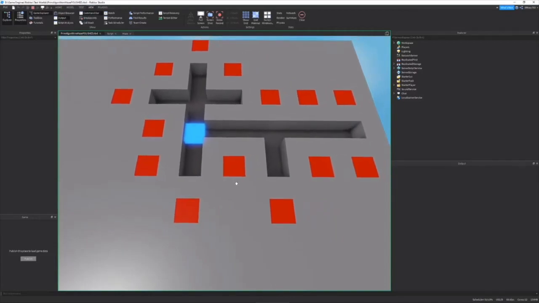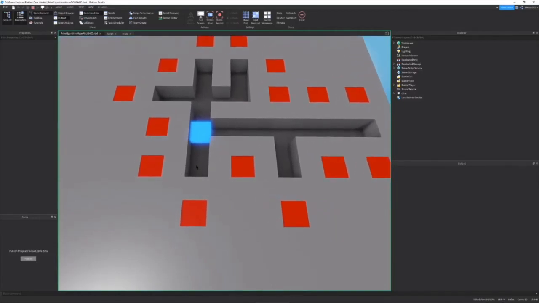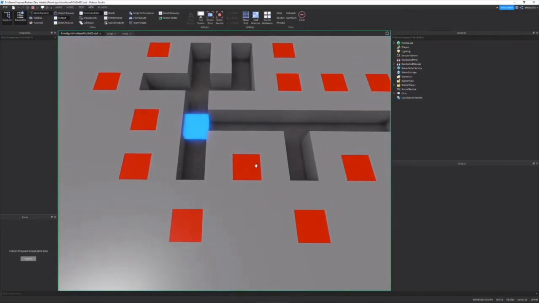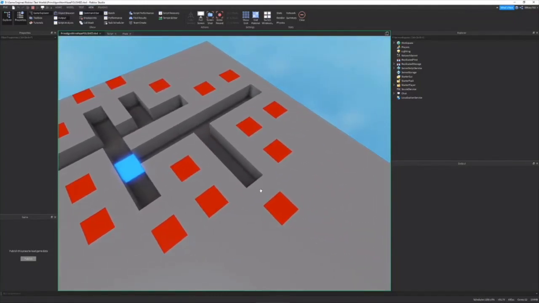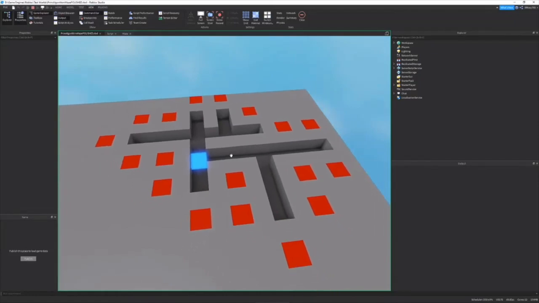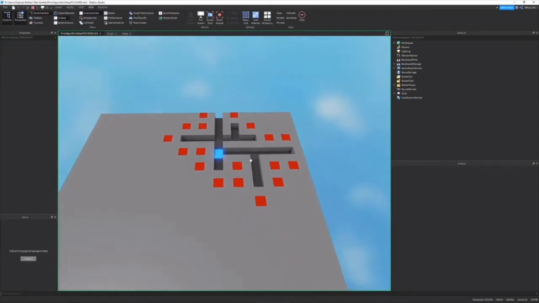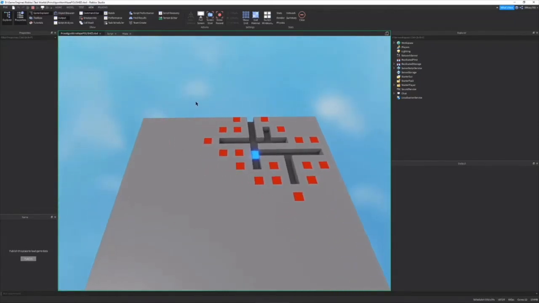And then what the algorithm does is pick a random one of these red tiles and check to see where a tile that is a passage is, and it'll just connect to that, and delete the one in the middle. Like you can see over here, it just happened there. And it just repeats this until the whole maze is completed.